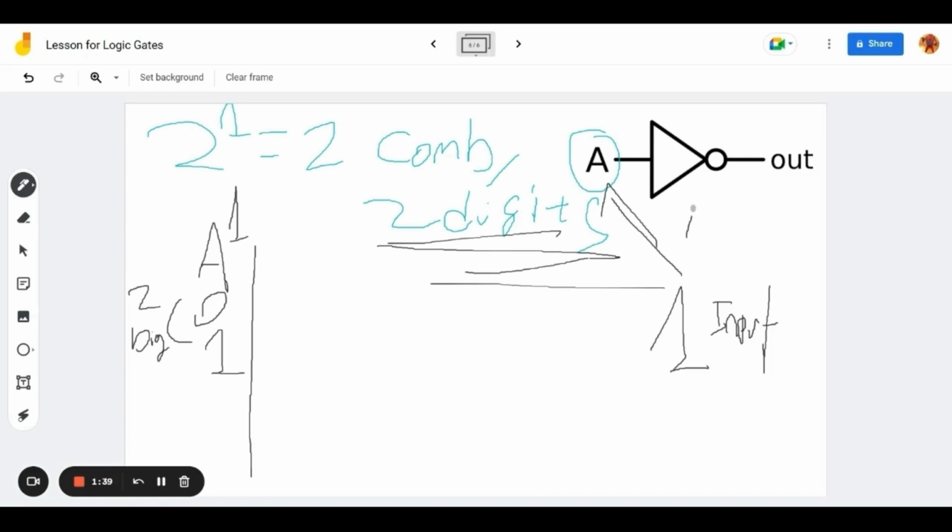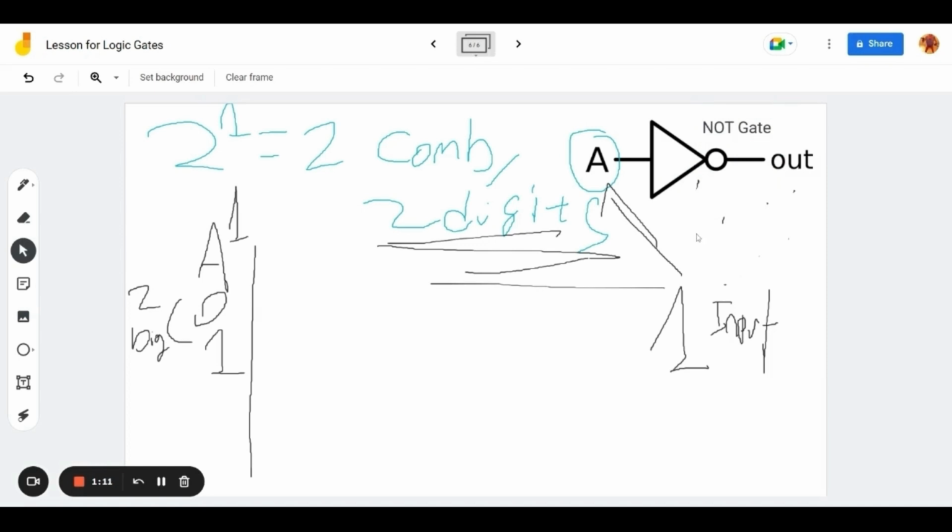I'll put in a text box so you can see properly. As you can see, this is called a not gate.